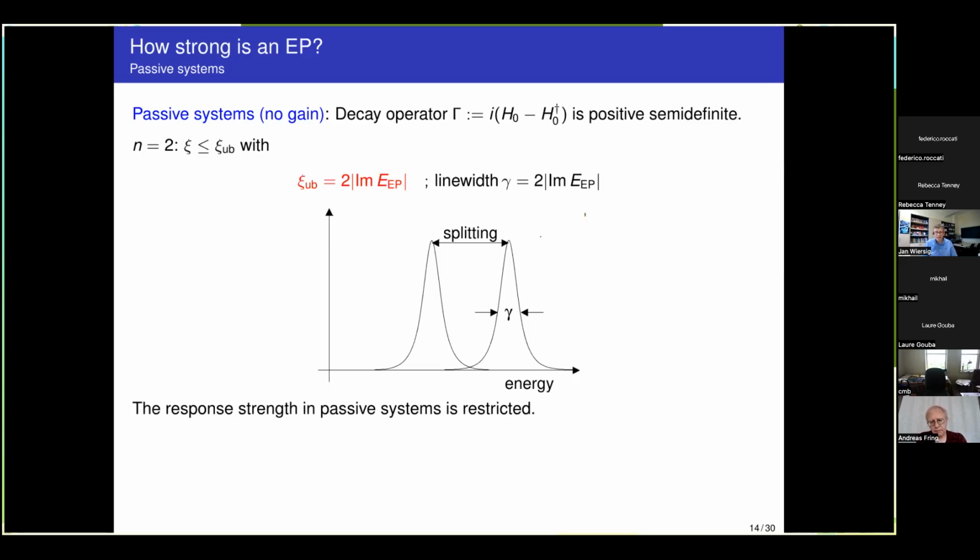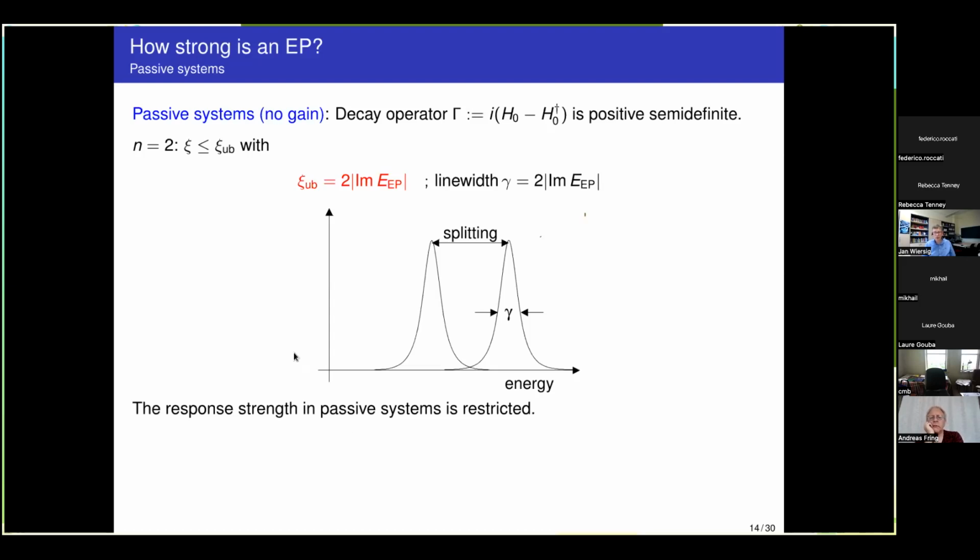These conditions here for passive systems are really a restriction for passive systems. And it means that in experiments, to see very big splitting, or splitting much larger than the line width, you either have to use strong perturbations or you have to use gain. Strong perturbations in the context of sensors you don't want to use, right? Then that means you have to use gain.